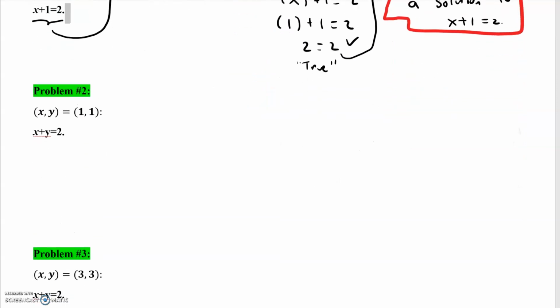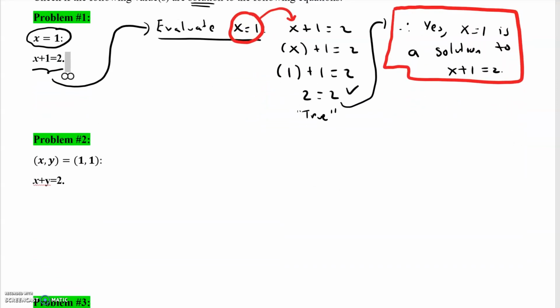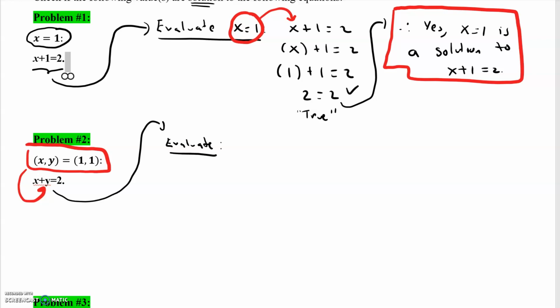Let's take a look at problem 2. In problem 2, we're actually given a coordinate point. And that is your equation. So we're going to take the same steps. In this case, evaluate x comma y, which is equal to 1 comma 1, into x plus y is equal to 2.